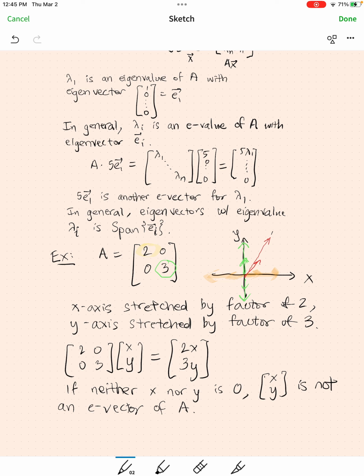I'm not going to make a huge fuss over this, but technically speaking, the 0 vector is not considered an eigenvector, so I should really take out the origin. But I'm not going to worry too much about this, because one thing we'll talk about is that the set of eigenvectors, once you throw in the 0 vector, is a subspace of Rn. And we'll talk about that next time.